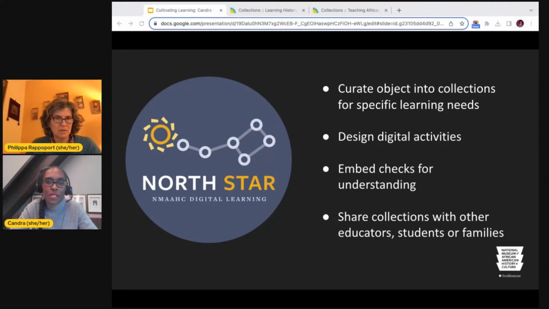So we wanted to take our inspiration from the North Star as that symbol of freedom, that symbol of the way to escape a life of oppression and enslavement, as well as from the name of the newspaper, the North Star, that Frederick Douglass, a freedom fighter, abolitionist, and orator, started during his time in post Civil War Reconstruction.